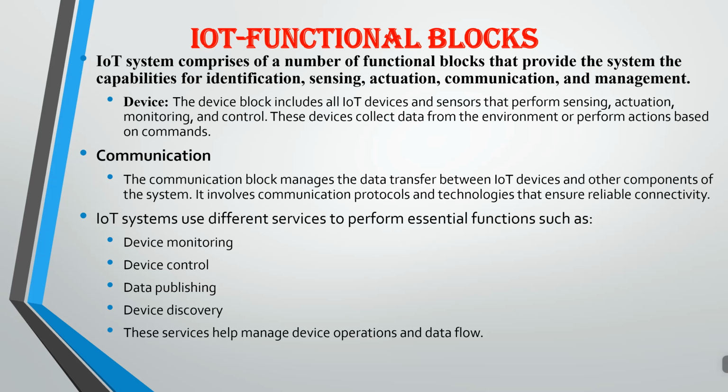Now, the next functional block is the communication block. Here the communication block manages the transfer of data between IoT devices and other IoT devices. We have already seen that communication could be from one IoT device to another IoT device.